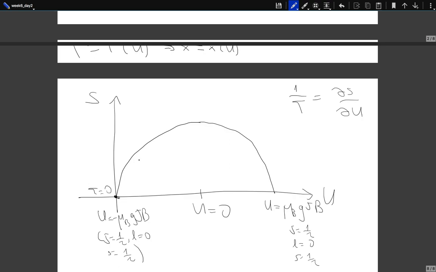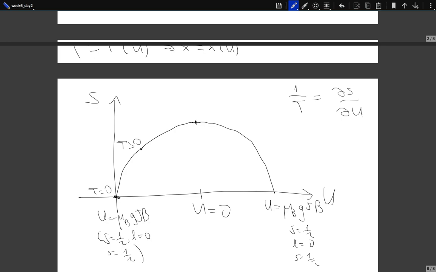And then let's say at this point, entropy increases as a function of U. So at that point, T is larger than 0. And you see the derivative of S with respect to U is decreasing. It starts from an infinite value over here, and then at this point, the derivative of entropy with respect to U is 0.